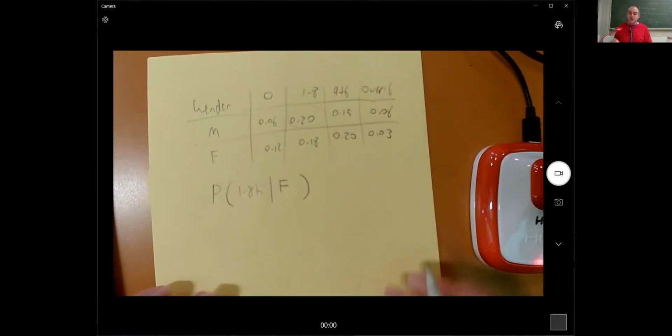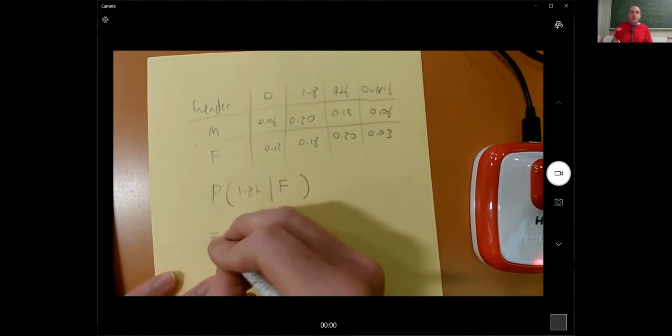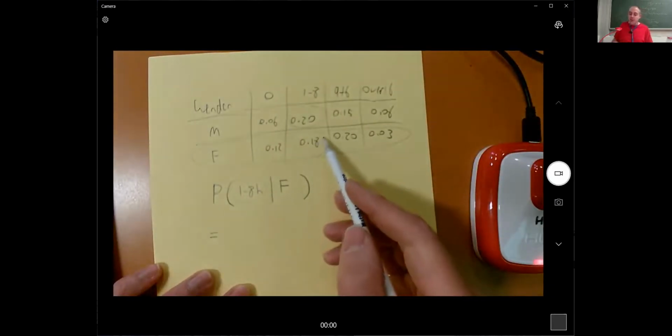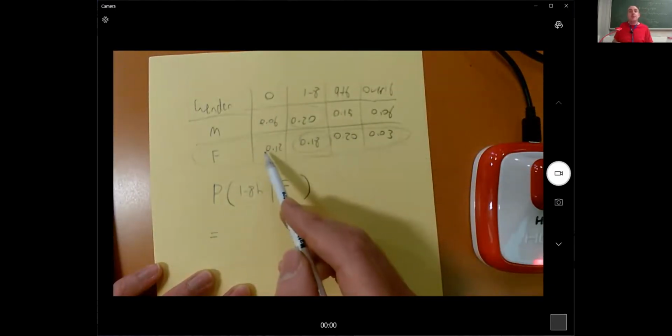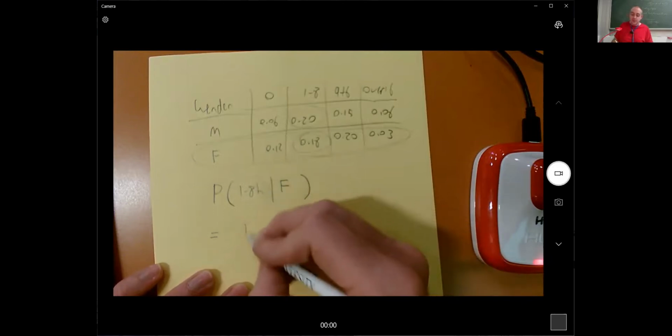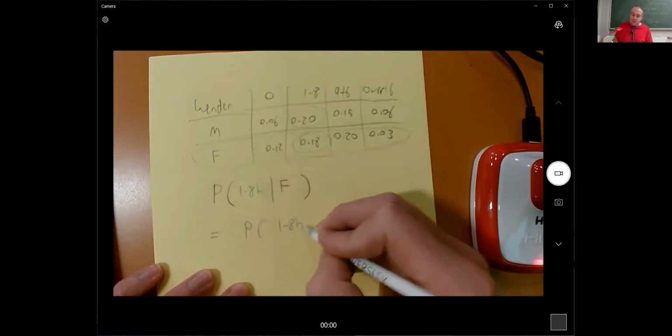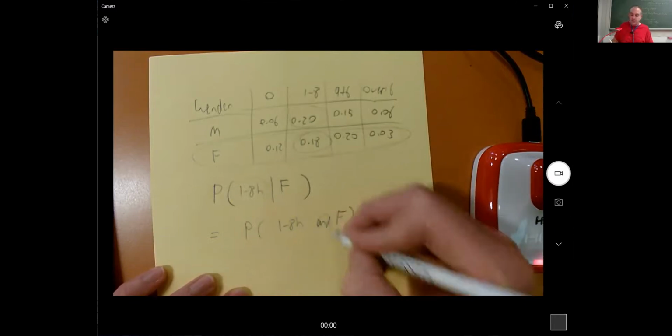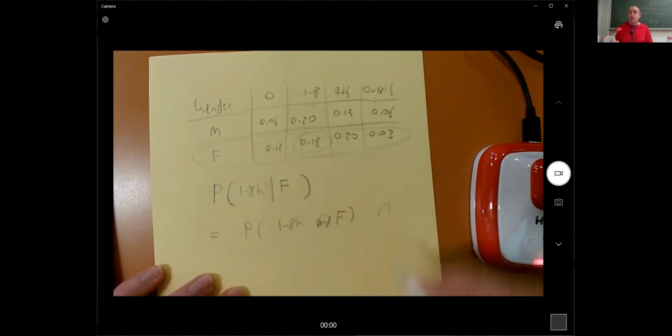Okay, so this to me would say that we would need to be looking at just the female students and say, what's the probability of being here out of all of this? So this should be the probability of 1 to 8 hours and being female. Does your lecturer use this symbol for and? Or do they just use, okay, cool.